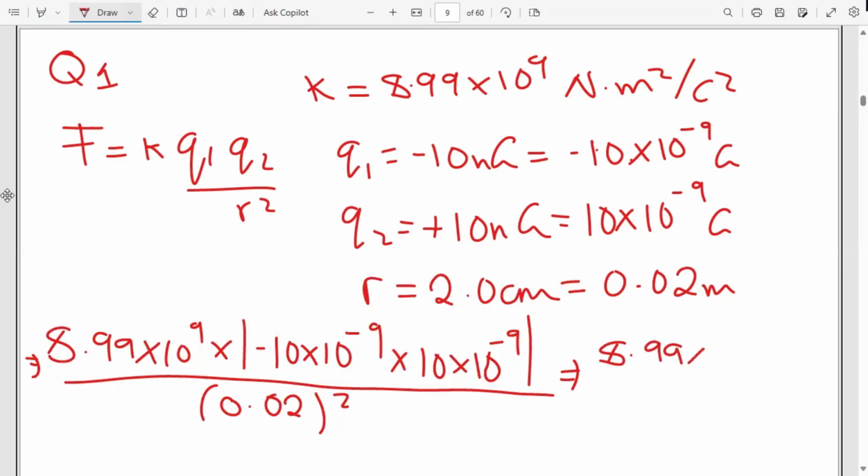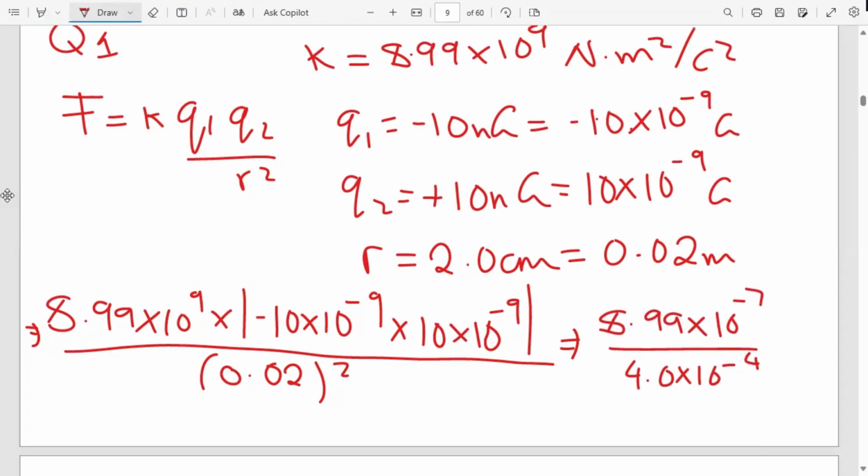I'm getting 8.99 times 10 to the power -7 over 0.02 squared, which is 4.0 times 10 to the power -4.